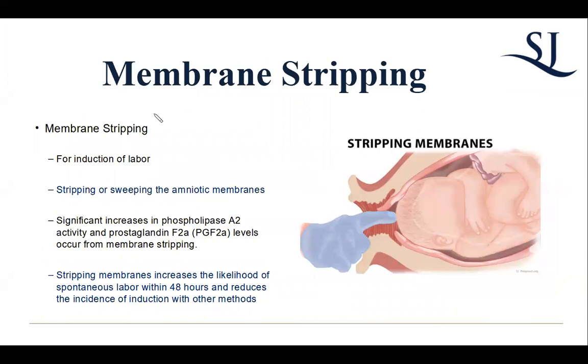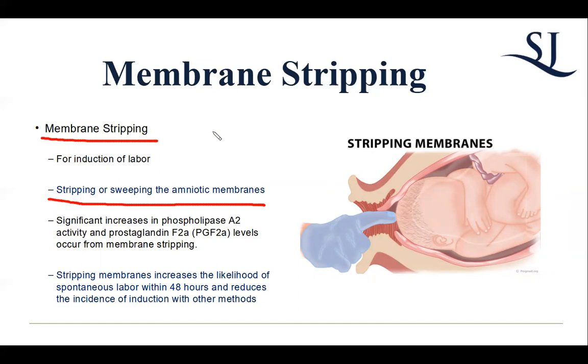You'll hear other things. Has anybody heard of membrane stripping? You may hear people say, oh, well, I stripped her membranes, so hopefully she comes back in labor. This is a sort of barbaric thing. It's an outpatient procedure, meaning that if someone's admitted for induction, this is not what you start with.